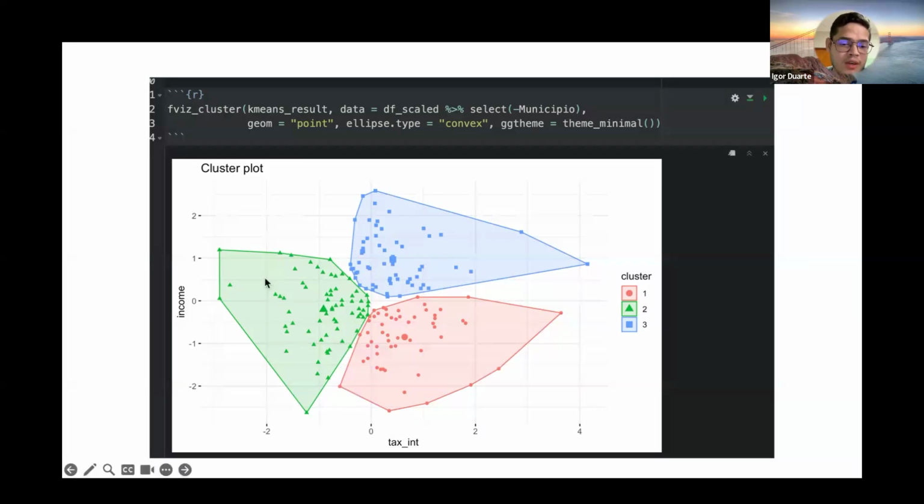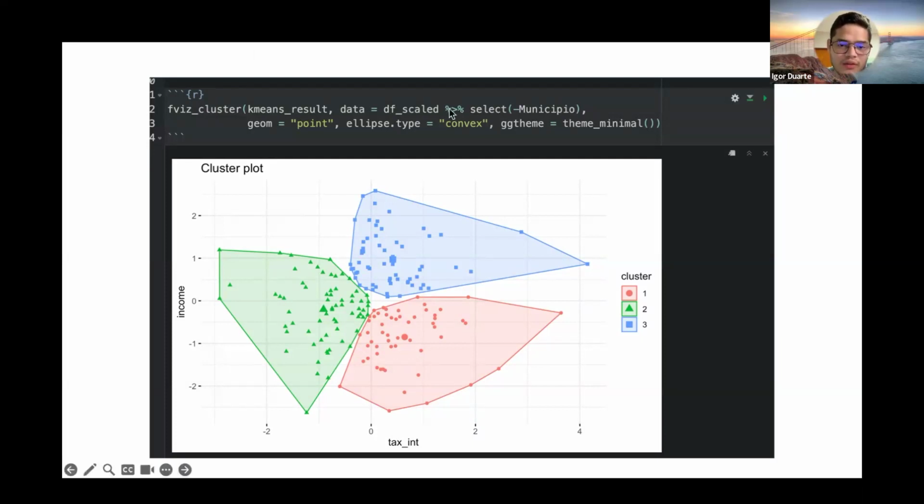So if I try to understand more about the profiles of these cities based on 2 indicators, maybe the clusters show me the first step. It is important to see the points on the graph, which, as I said, represent the cities, and the convex ellipses are drawn around each cluster to show the boundaries.